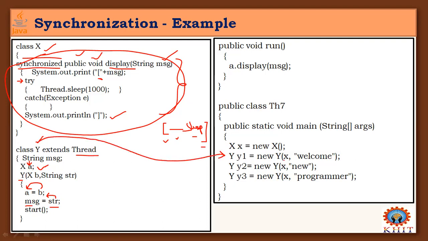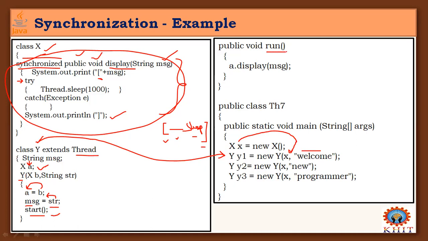So when I'm creating an object of this Y class, I'm passing two parameters. One is the object of this X class, along with some string message. Then only this method will be called and executed, right? And I'm going to start my threads, which are created in my class one.